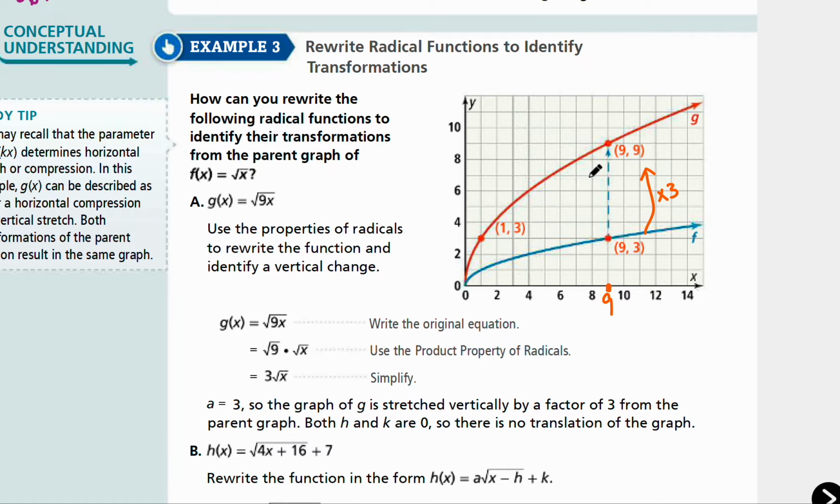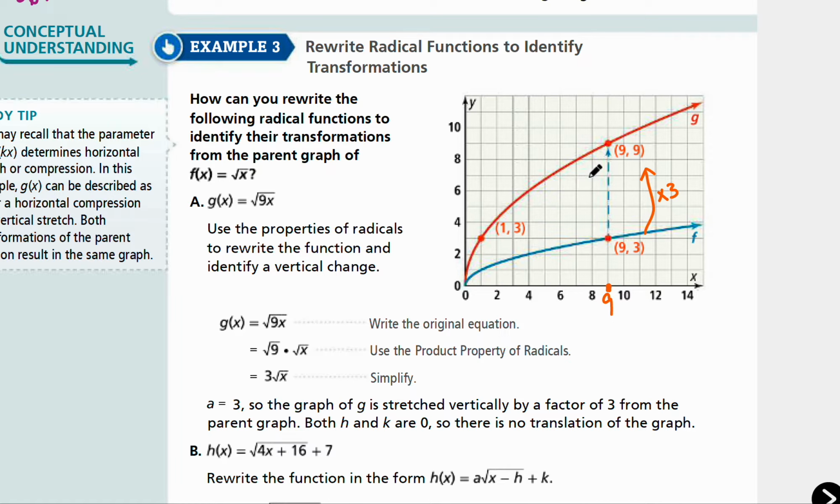We want to unify the transformation that we're using for stretch and compression, because it will be the opposite for horizontal, but we want to make everything in the same form. So we're just going to use the value A for vertical stretch or compression, and H and K are just 0, so the graph didn't translate.